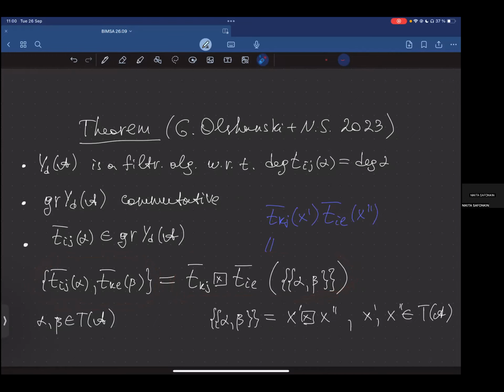This I understand, but my question was: is it possible to change the structure, to enrich the structure in such a way that the double Poisson bracket becomes quadratic, but not only linear? Yeah, I understand this question, but it's not clear how to do this. I think it's not possible.